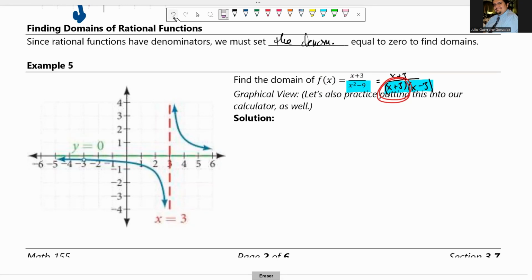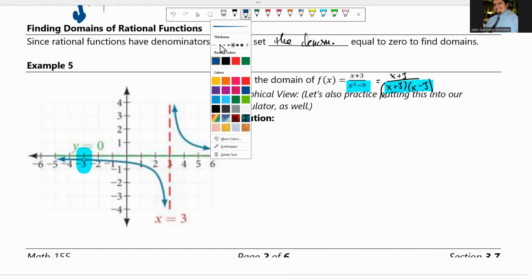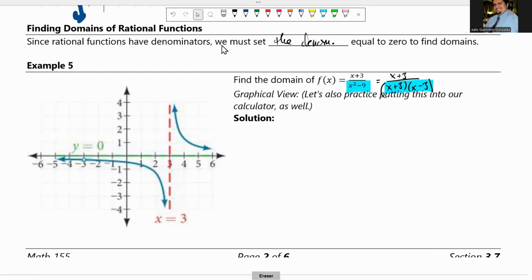And what I want to point out is this. You guys see that thing right there? What is essentially happening here is this. I'm going to highlight it a little bit. The graph keeps going that way and then keeps going this way, all the way downward, but then it skips a value.